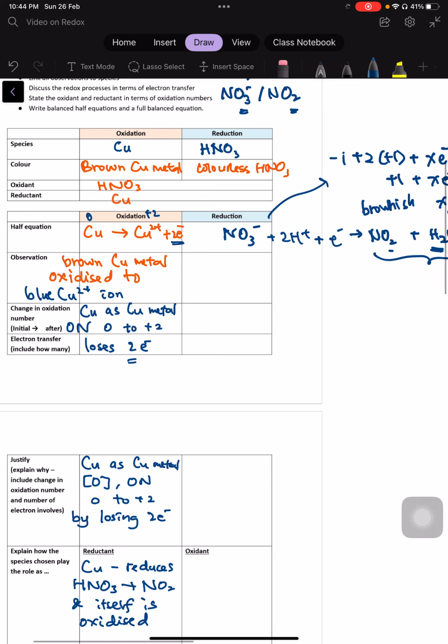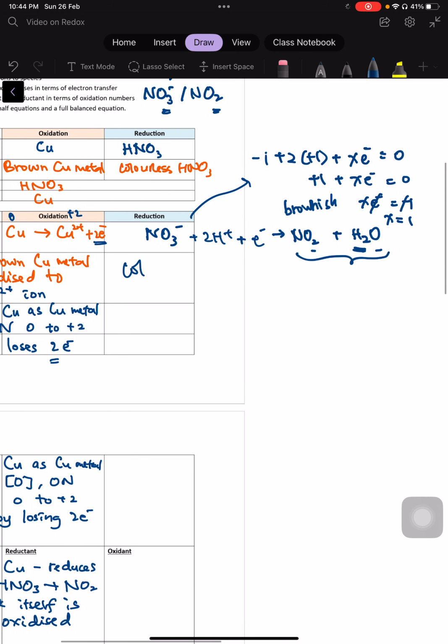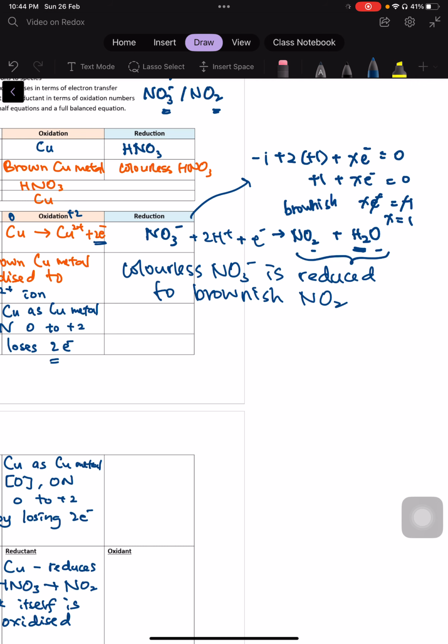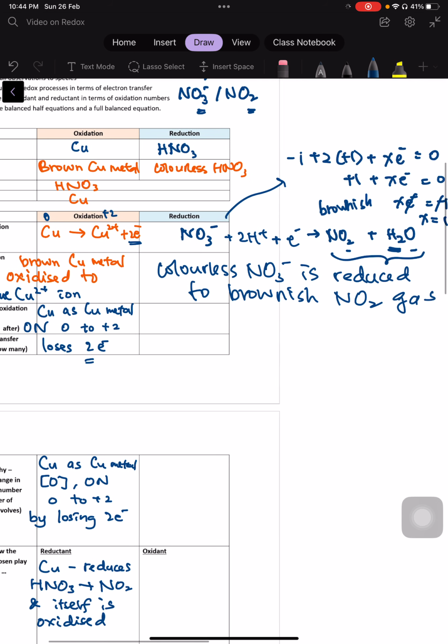From there you're going to write down the observation. So I'm going to put down colorless nitrate ion is reduced to brownish nitrogen dioxide gas, and explain the change in the oxidation number.